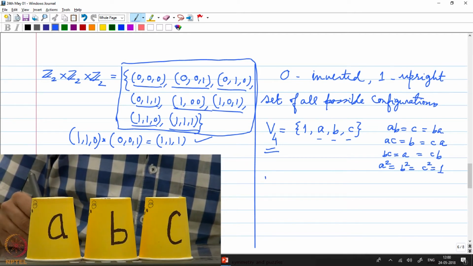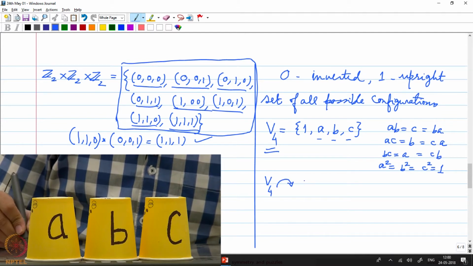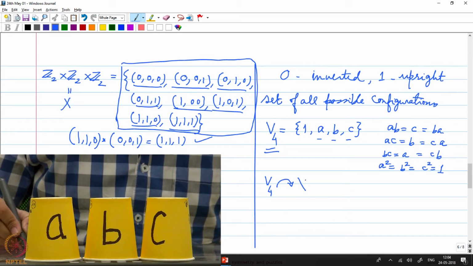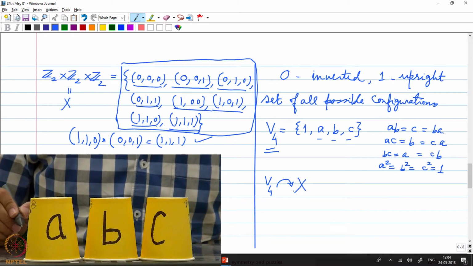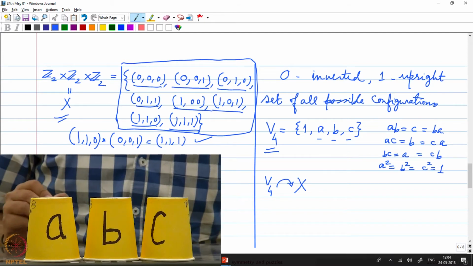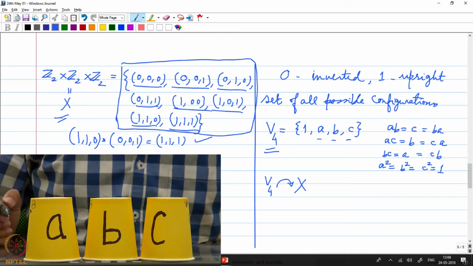So I define the group action exactly in the same way as I am playing this game. V4 is acting on X. What is X? X is all possible configurations, and then there should be an action.